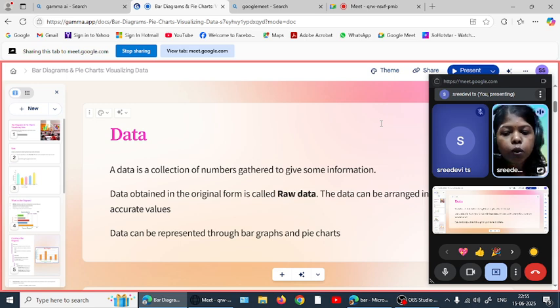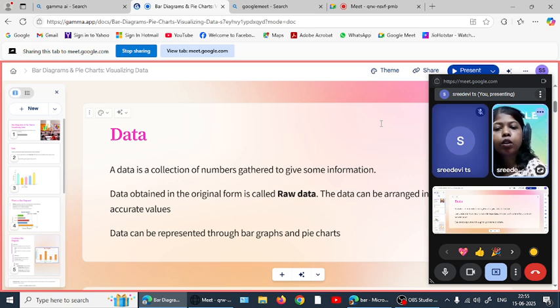Normally we first get raw data from different sources, and we have to arrange the data in order to get accurate values. Then only can we plot a graph, so that from the graph people can understand things without any description.